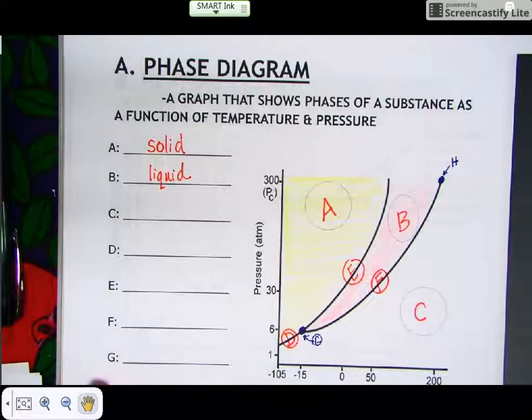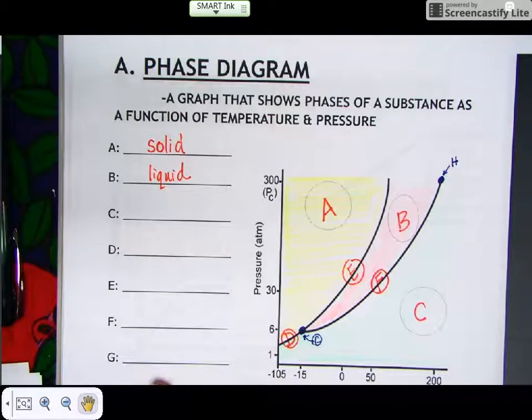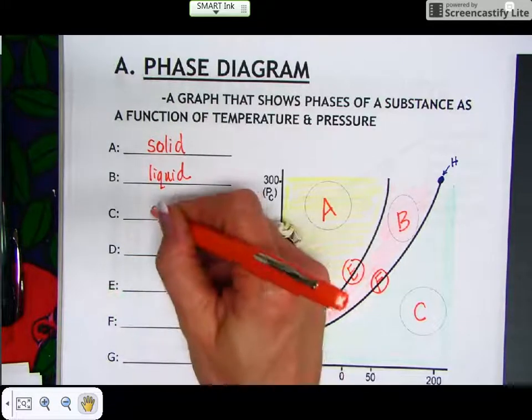And then finally, in region C, which is representing any temperature and pressure below the graph here, that would be where the substance would just be in the gas phase.